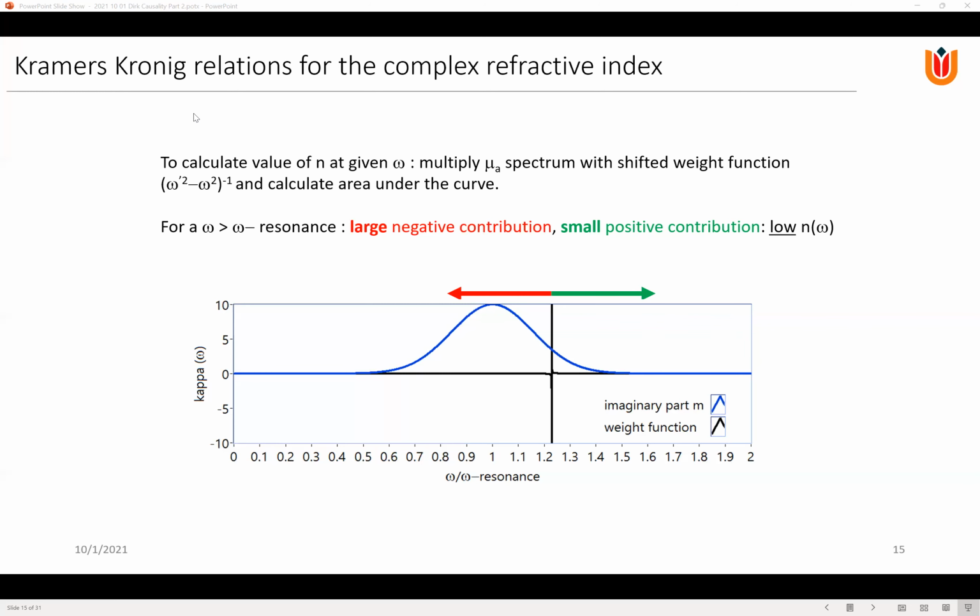So that would suggest that if you have an absorption spectrum with large peaks, that will give larger oscillations in the refractive index spectrum compared to the small ones.